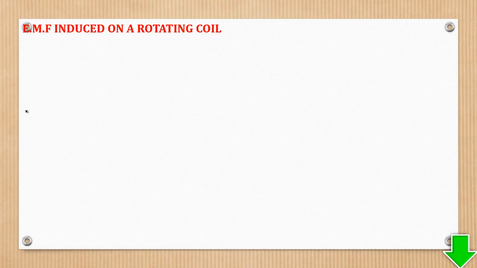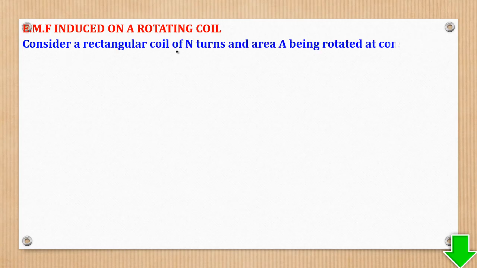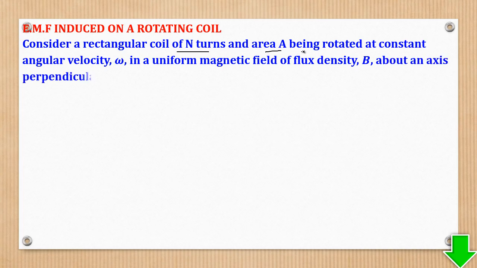What about EMF induced in a rotating coil? So consider a rectangular coil of n turns and area A being rotated at a constant angular velocity of omega in a uniform magnetic field of flux density B about an axis perpendicular to the field.